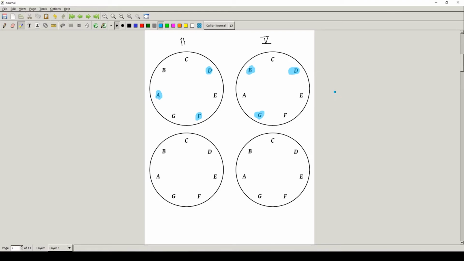Now, if I'm thinking about the voice leading between these 2 chords, what happens? A goes up to B, and F goes up to G. Right, so F upshifted to G, A upshifted to B, and then the same thing here, A upshifted to B, F upshifted to G. And that's what we would predict using the rule from lecture 1. 2 to 5, root motion down by fifth, should be an upshift.